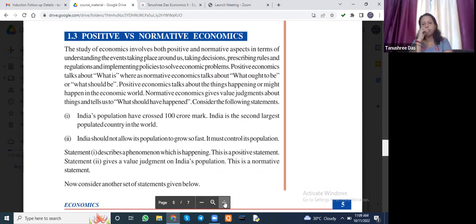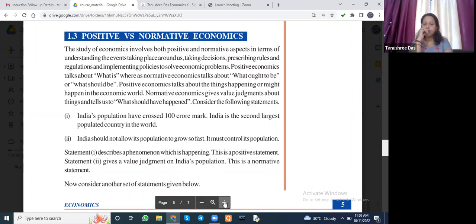But normative economics always talks about what ought to be, which means the planning: what we can do to improve the condition of the country, or to increase the production of a particular commodity. In our economy, we have both formats.